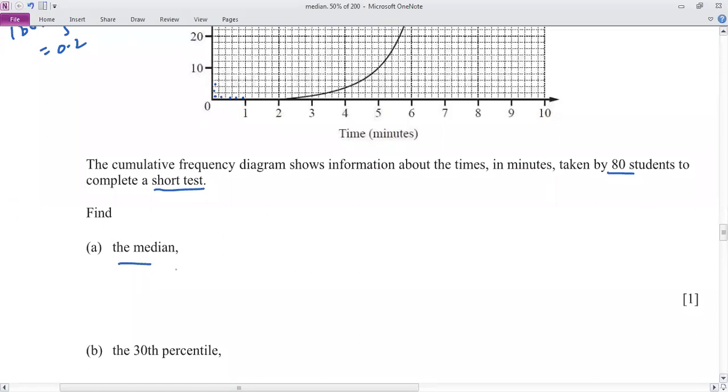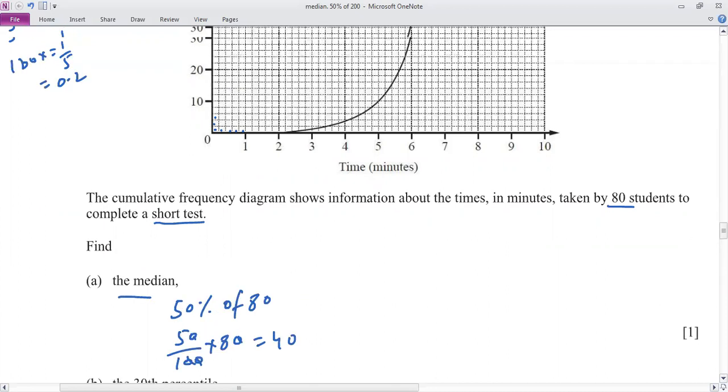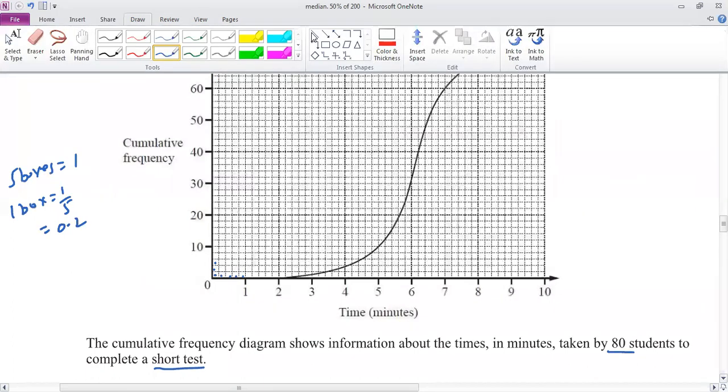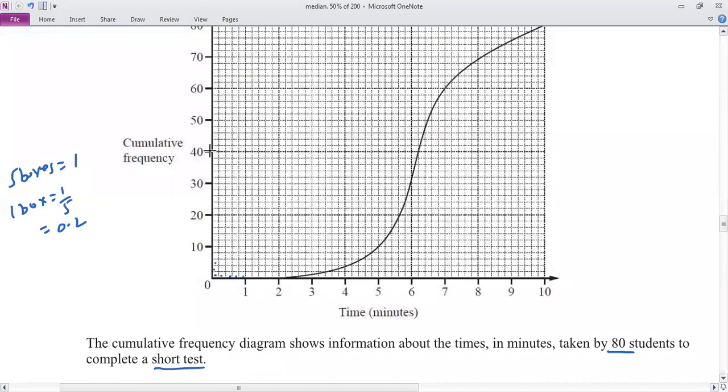So first you take 50% of total, 50 over 100 times 80, which is 40. From the 40 on the cumulative axis, we will draw the line.